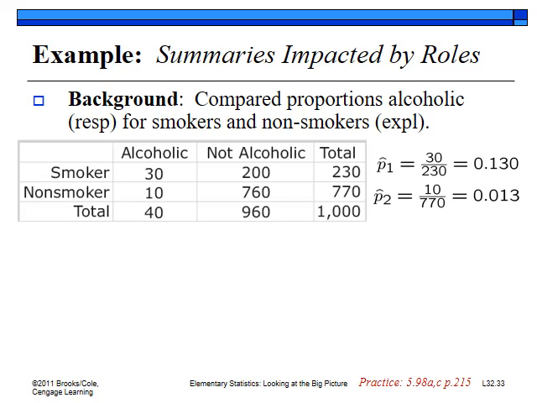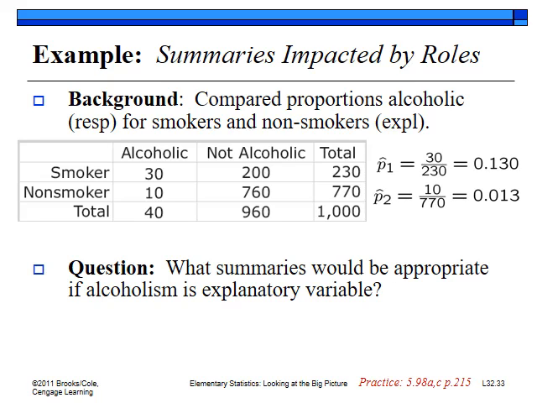So here, if we're looking at smokers versus non-smokers as explanatory and alcoholic as response, here's our proportions that we would report, 0.13 and 0.013. But if alcoholism is explanatory, remember the explanatory group is the way that we divide the population first.